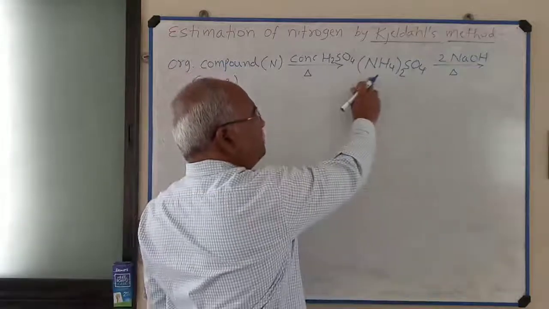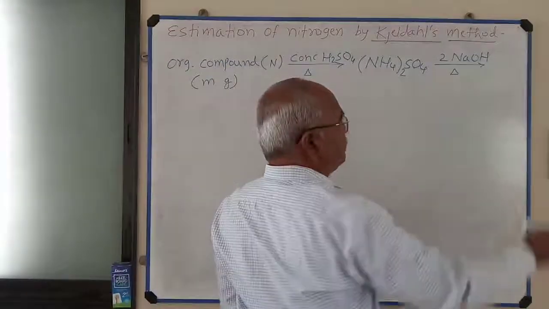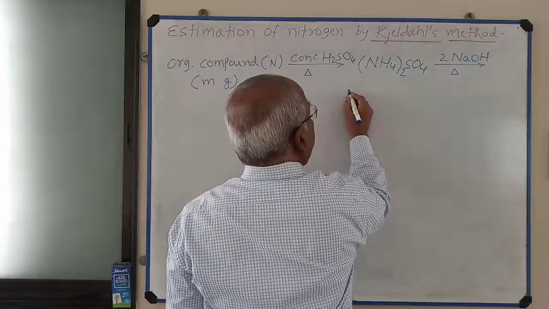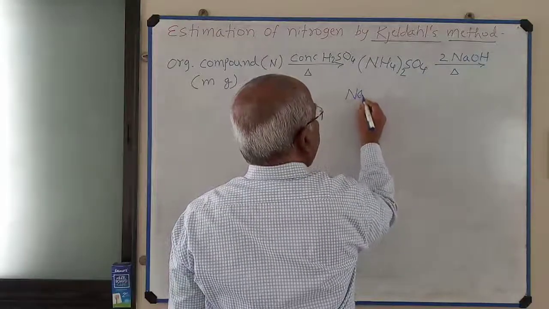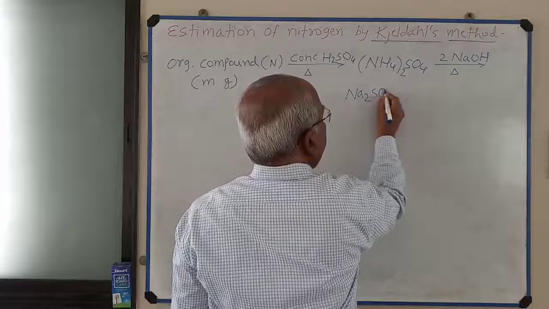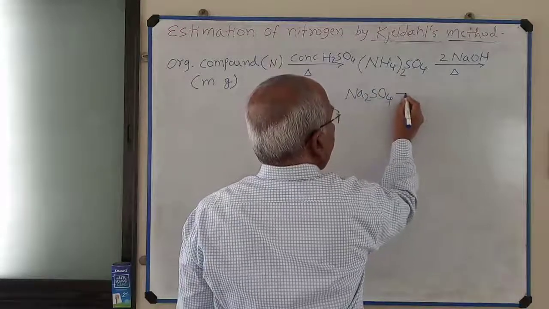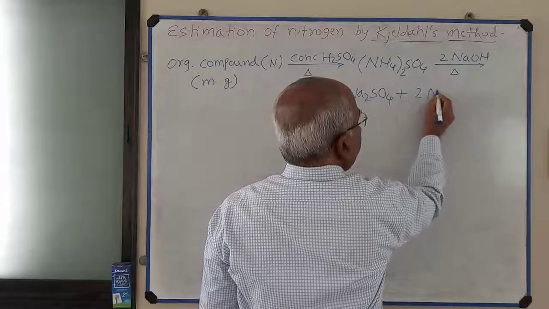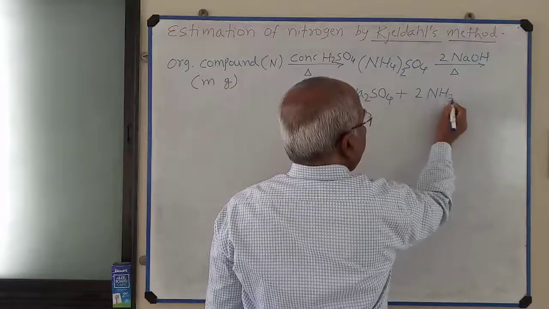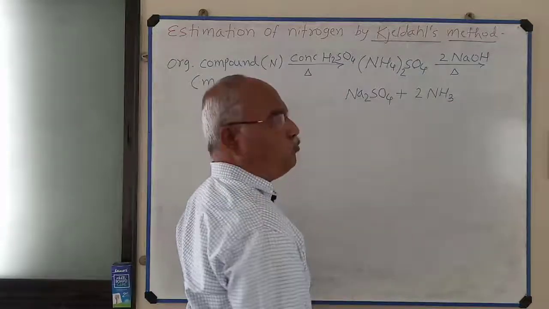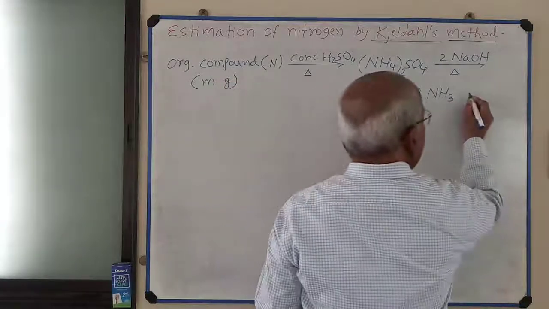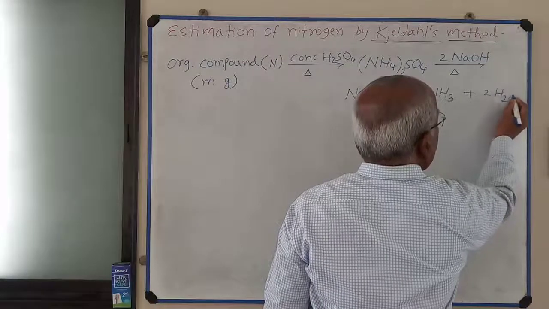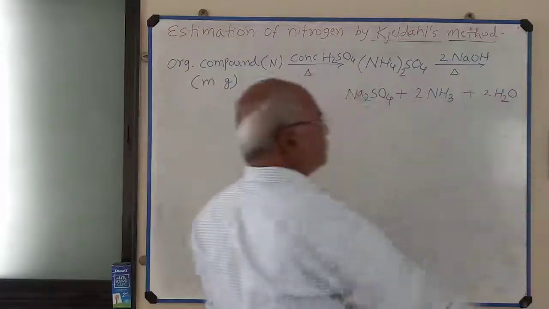When ammonium sulfate is heated with sodium hydroxide, sodium sulfate, Na2SO4, is produced, plus 2 molecules of ammonia are formed and 2 water molecules are also formed.